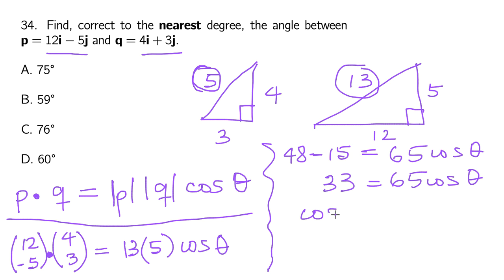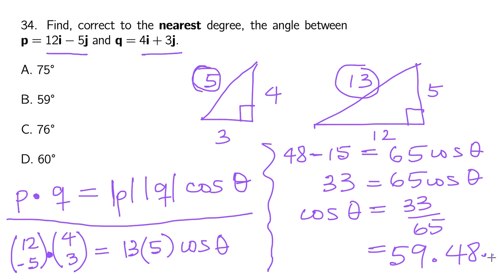That means that the cosine of the angle between them is 33 over 65. So we need to find the angle whose cosine is 33 over 65. And when you punch it into your calculator, you're going to find that it's 59.48 something degrees. So this is our answer.